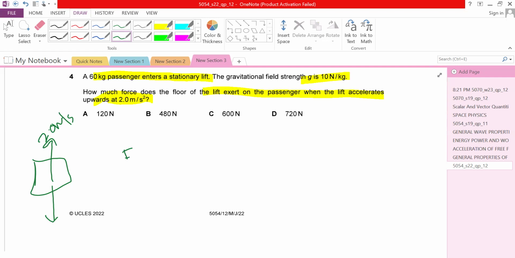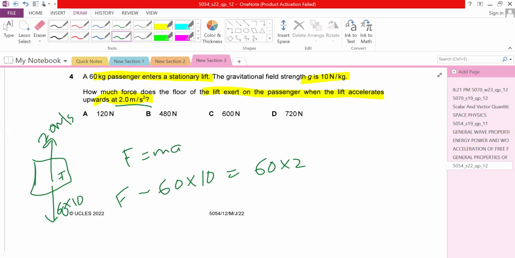So you have to calculate force. Force equals mass times acceleration. So it would be 60 into 10 equals 60 into 2, where 2 is the upward acceleration. Before this, you have to subtract the force that is acting here. 60 is the mass of the passenger, and 10 is the gravitational field strength, or you can say acceleration simply.